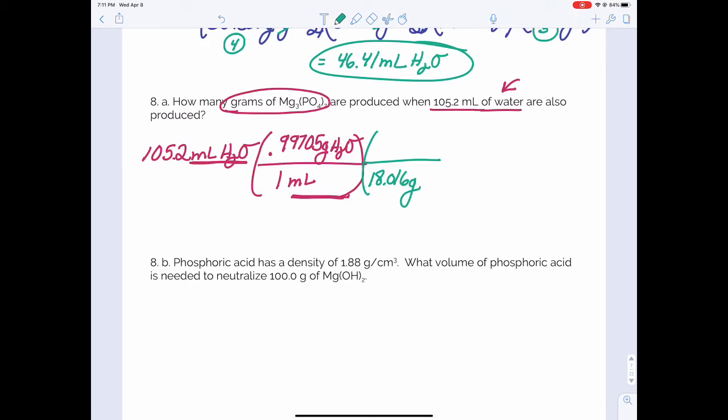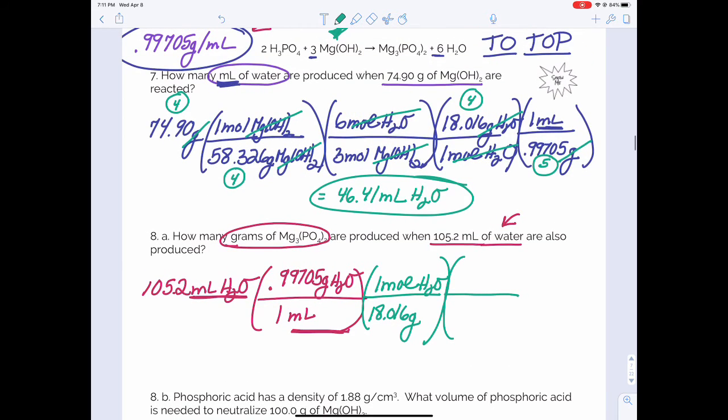18.016 grams of water, 1 mole of water, because we always want to convert to moles. And then using the coefficients from the balanced chemical equation, 6 moles of water, and now I want to convert to magnesium phosphate.